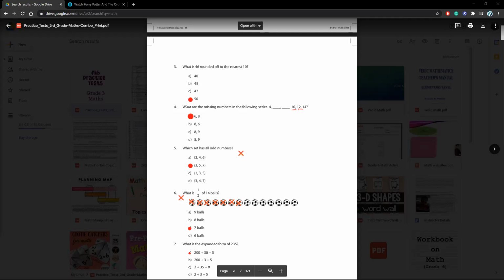So what is 1/2 of 14 balls? It uses of, so you multiply 1 over 2 times 14. You'll get 1 times 14 is 14, and then 2 times 1 is 2. 14 divided by 2 is going to be 7. Nice strategy.